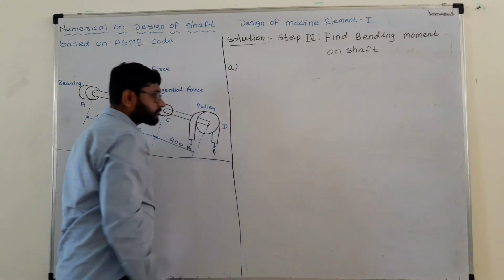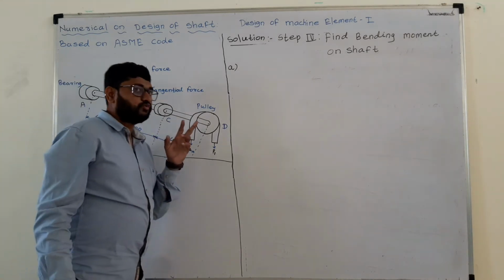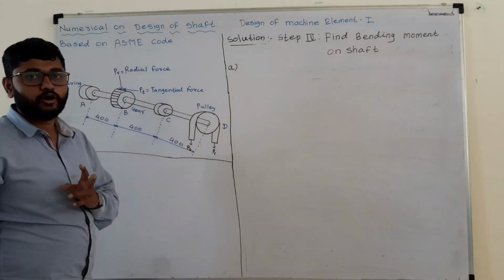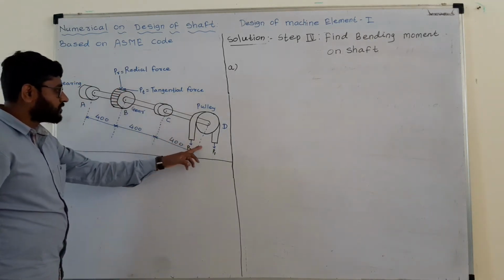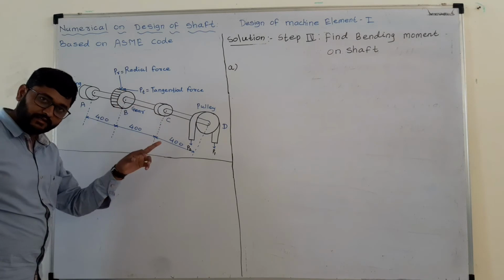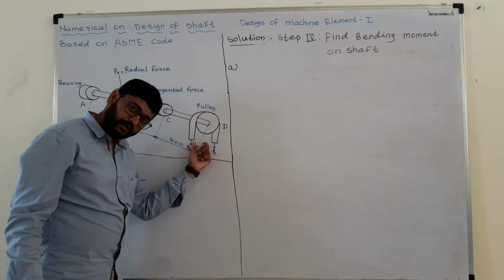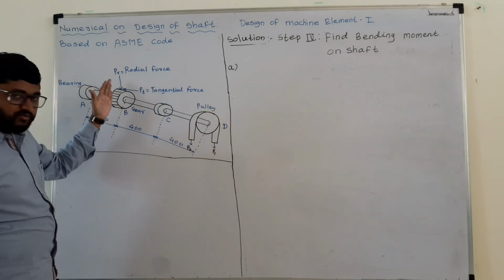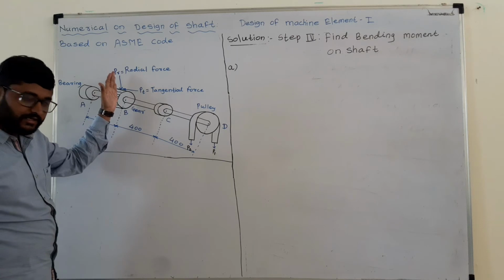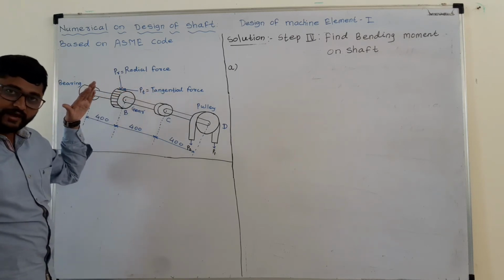Here there are two conditions to find the bending moment on the shaft, because vertical and horizontal forces are acting. On pulley D, the belt tensions are vertical, and on gear B, a vertical force, the radial force, is acting, and a horizontal force, the tangential force, is acting.